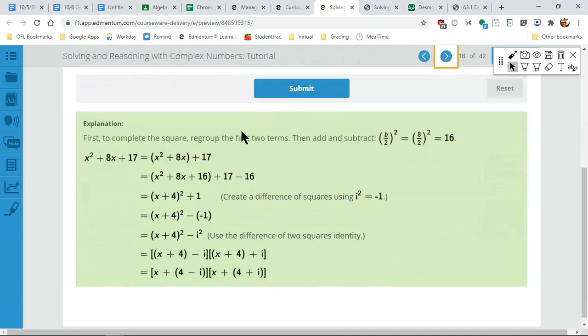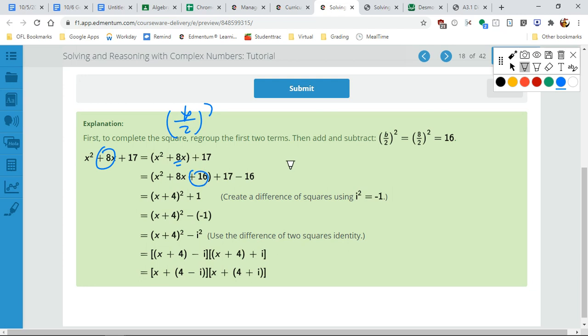So what we're doing here is we're going to take half of it and square it. So we end up getting this 16 here, right? But we can't create this positive 16 out of nowhere. If you guys need help with reviewing completing the square, the main idea is that you just take half of your b term and you square it, and then you add it to the term.